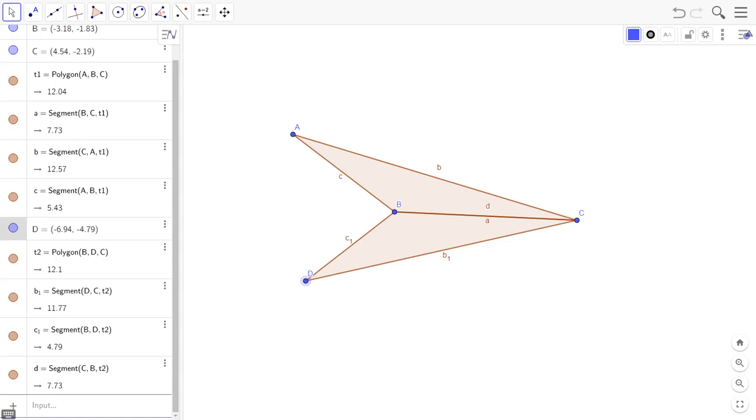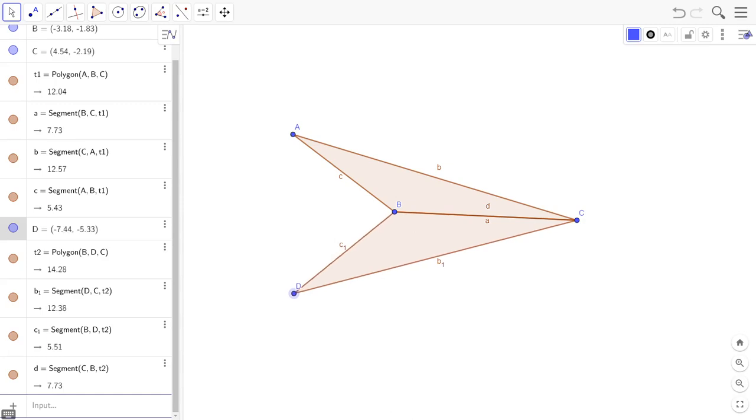So your three questions are: what rigid transformation will take triangle DBC onto ABC? Now, depending on how your triangle looks, your point D might be a little bit different than mine. It might be a little bit out here, might be a little bit in. Just kind of get it close to like there-ish.